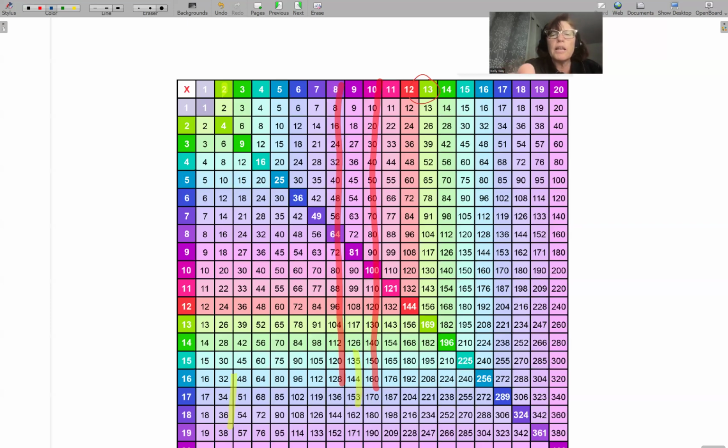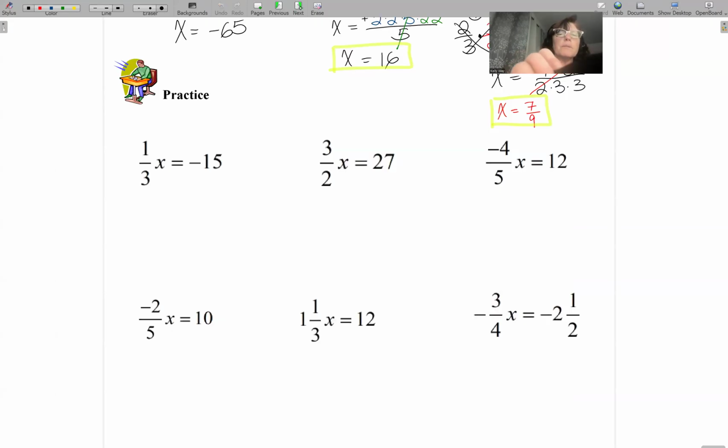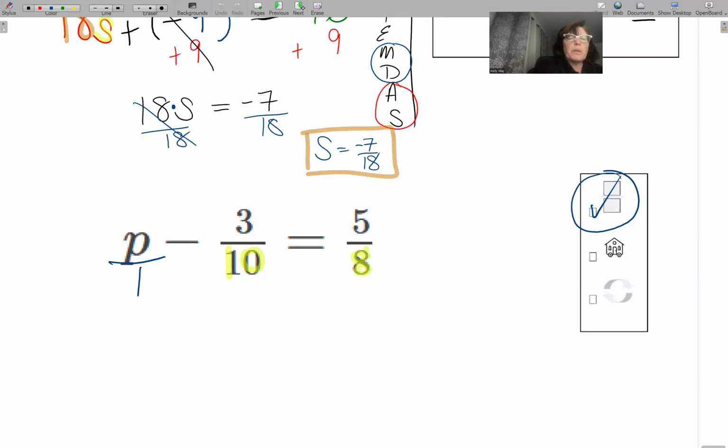So I look at 10 and I'm looking for a number that's also in the 8 column. The smallest number that they have in common. And that is going to be 40. You can see that right here. So my tiny home is going to be 40. There we go, tiny home.